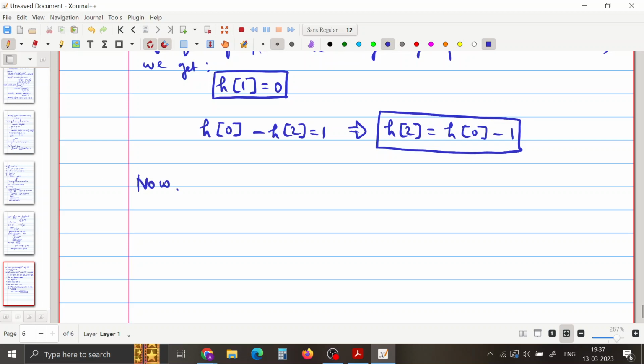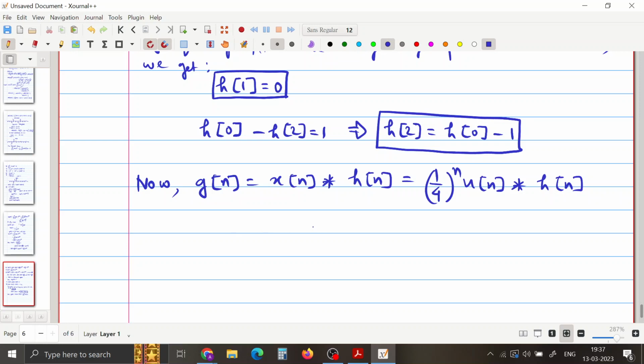Now g of n is x of n convolved with h of n, and x of n is nothing but this, and if we use the formula for discrete time convolution, it is this.